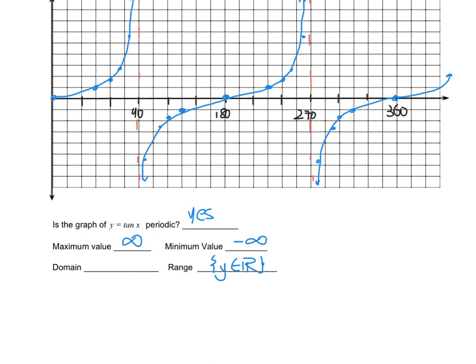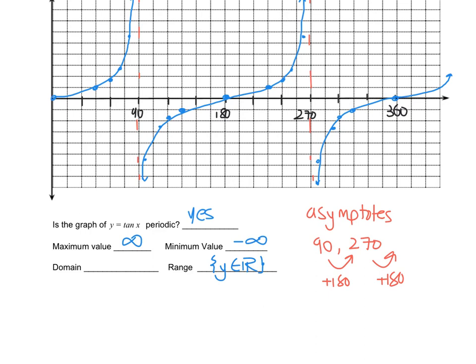Now, I do want to make a note about asymptotes before we do our domain. So we have here at 90 and 270 asymptotes. But we know that those asymptotes, we're going to have them throughout our entire function from -infinity to infinity. So right now we know that it's at 90 and 270. And if we look at the pattern, we're just adding 180 degrees each time, which should make us think of an arithmetic sequence.